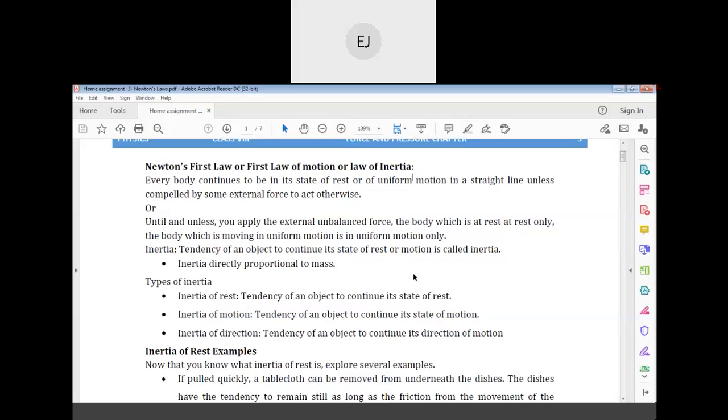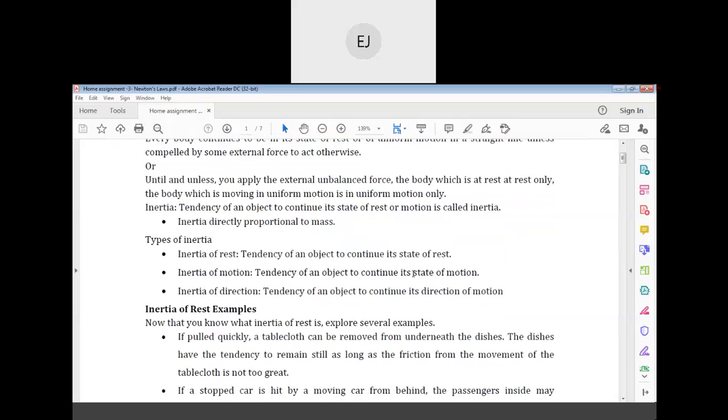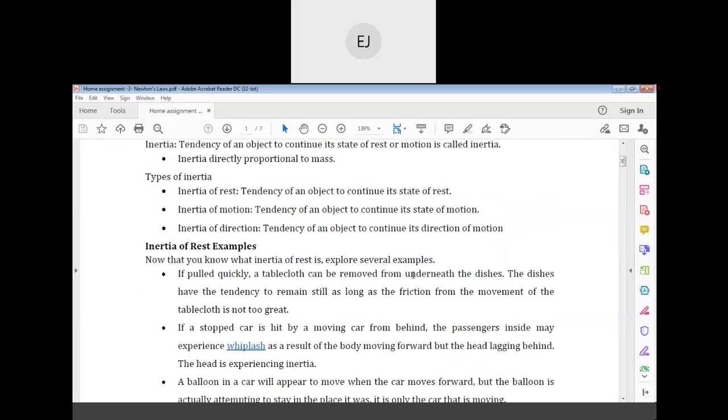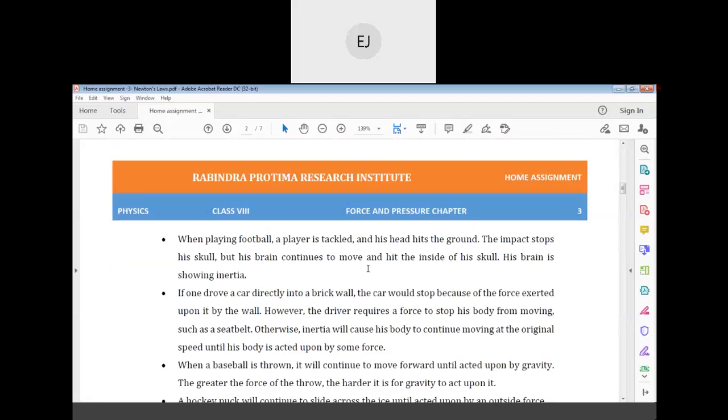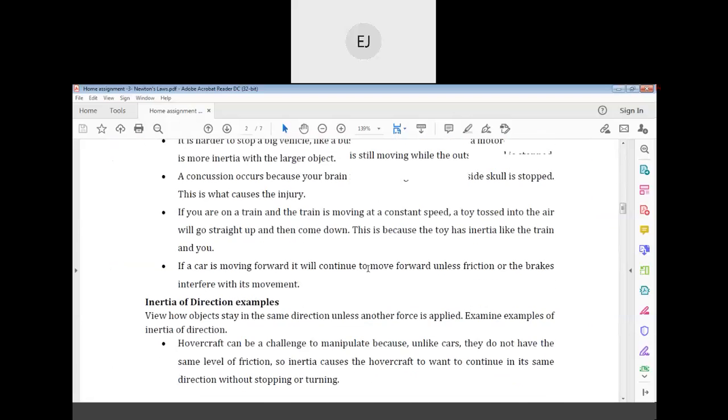Newton's first law is also called the law of inertia. We understood inertia of rest, motion, and direction. I hope you have gone through these examples of inertia of rest, inertia of motion, and inertia of direction.